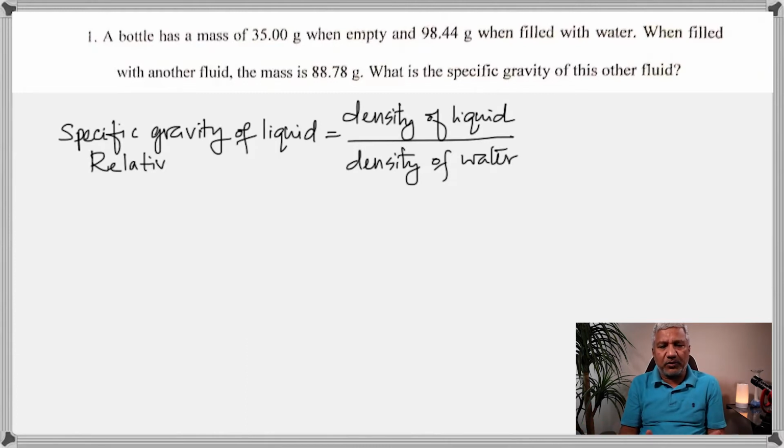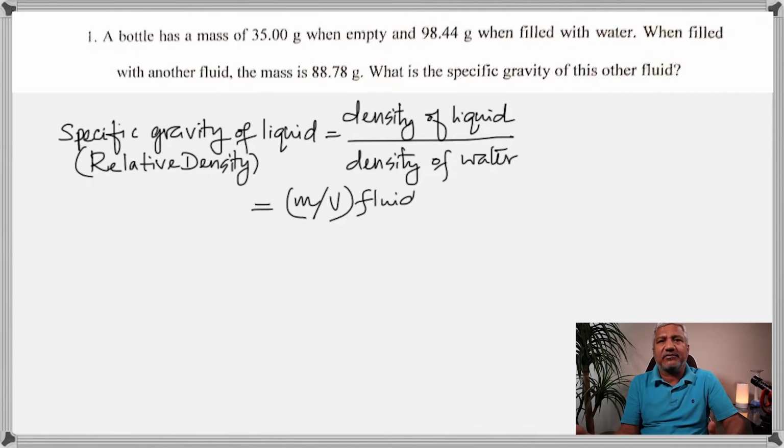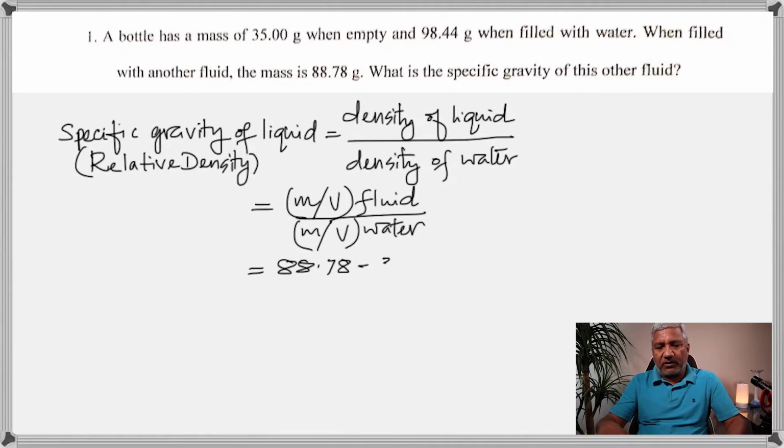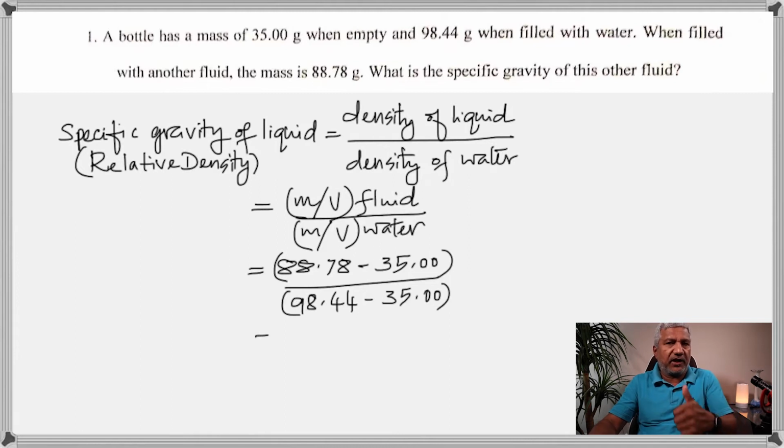So that is what I'm doing here. Since the volume is the same, the ratio of the masses will give us the ratio of the densities, and so we will get the relative density of the liquid. The mass of the liquid is 88.78 minus 35, and the mass of water is 98.44 minus 35.